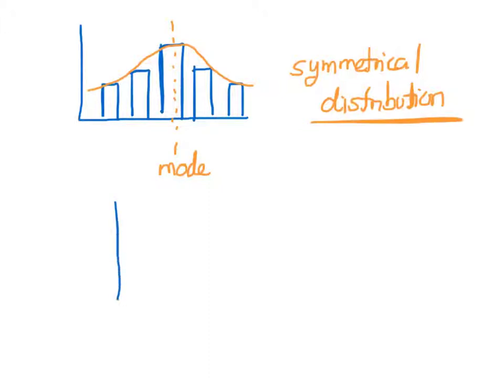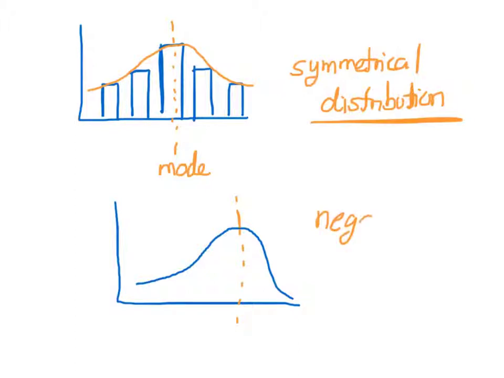However, there are instances when the data is what we call skewed, and there are two types of skewed data. The first is this. Notice the mode occurs farther to the right, and the data seems to have been stretched to the left. This is called a negatively skewed data set, because the data has been stretched to the left of the mode.